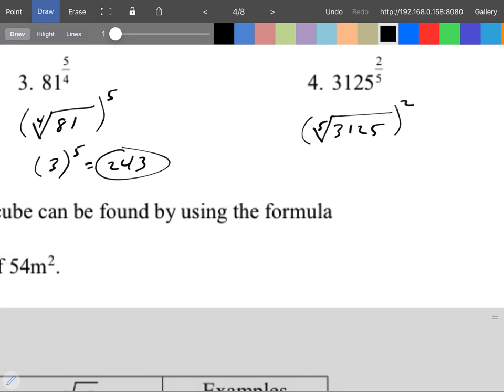So then on this one, you got to figure out what's the 5th root of 3,125. So what number times itself 5 times equals 3,125? And I believe that one is, I think that's 5. I'll check real quick. Yeah, so 5, so everything inside the parentheses there, the 5th root of 3,125, that's just 5.